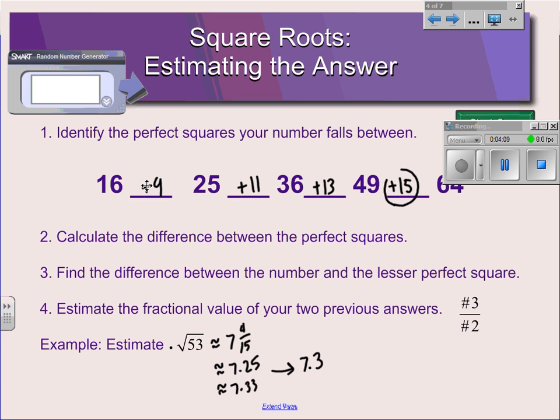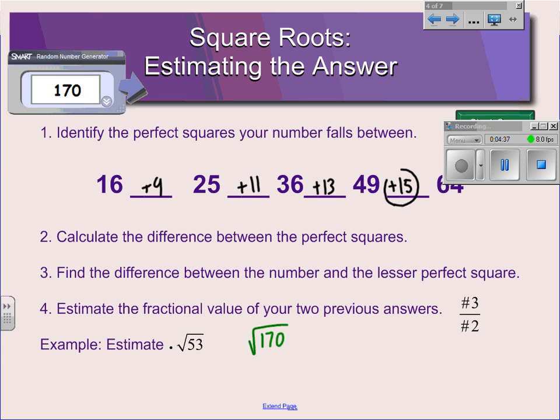Shall we try another one? Sure, let's do that. I have a number generator up here, and it wants me to find the square root of 107. Using the estimation technique, we look at the square root of 170, and we say, well, that's really close to 169.